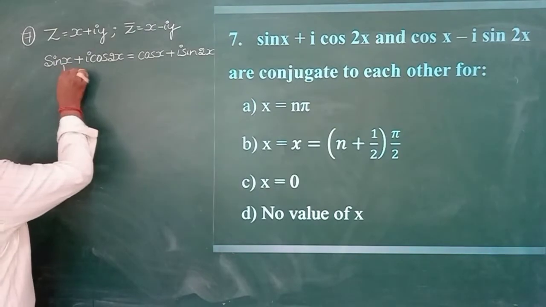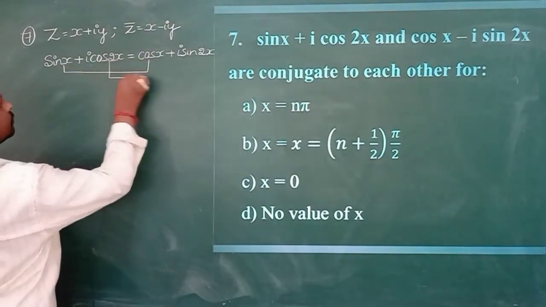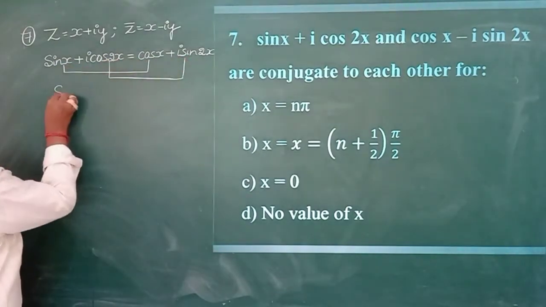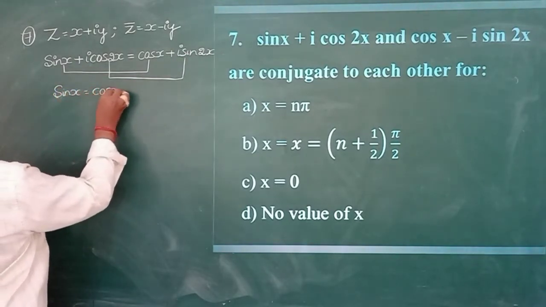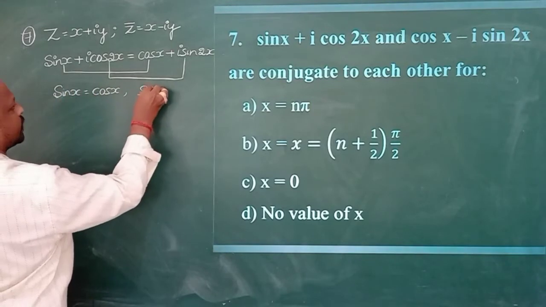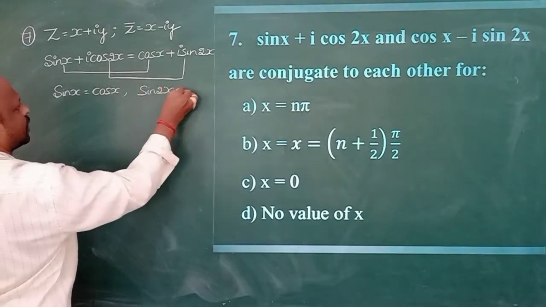So equate this: sin x is equal to cos x, sin 2x is equal to cos 2x.